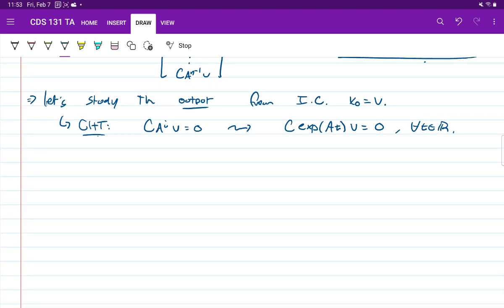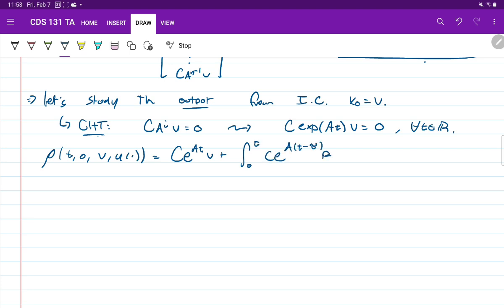Let's use this fact to compute the output of our system. So we have rho of t, t0, v, and any arbitrary input signal u is equal to C e^(At) times v plus the integral from 0 up until t of C e^(A(t minus tau)) B u of tau d tau.